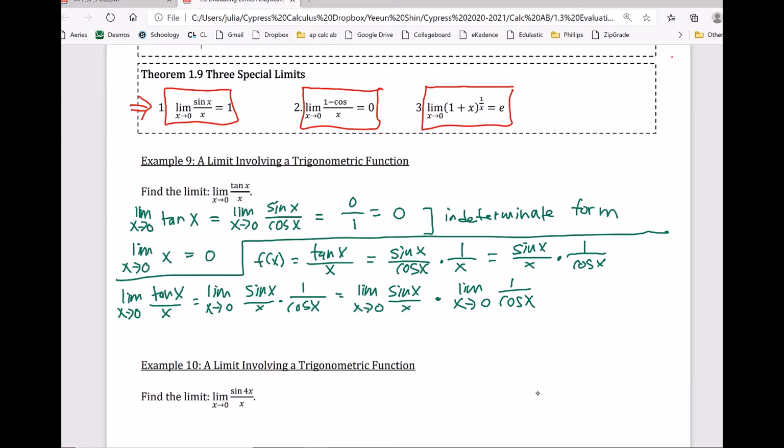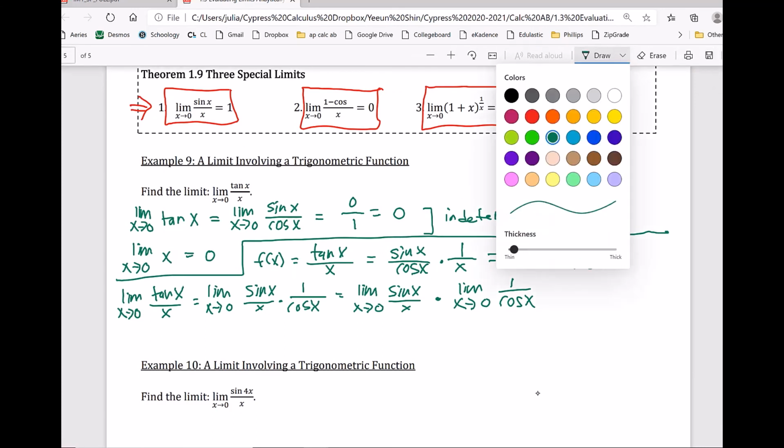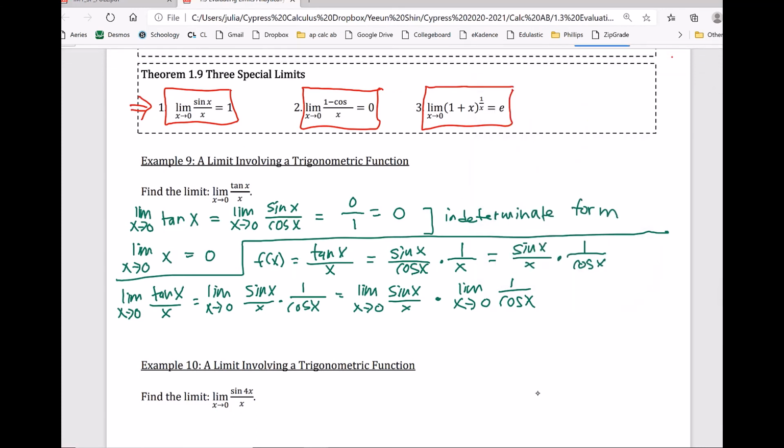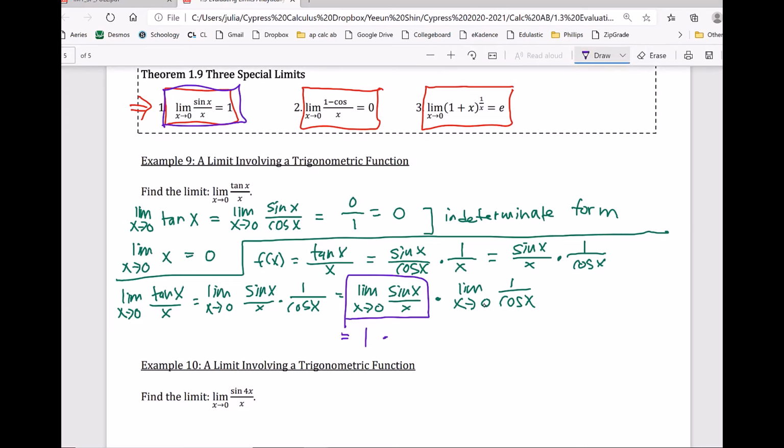Okay, so let's do a little bit more color coordination. Let's take our first bit, and here we go. As you can see, we can match it up right away. So that just becomes 1. Then what do we have for the limit of 1 over cosine of x as x approaches 0? Maybe we want to do a little side work here.